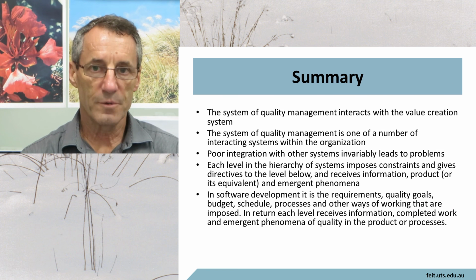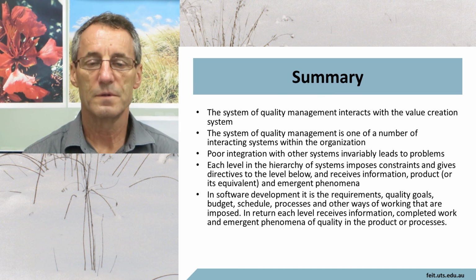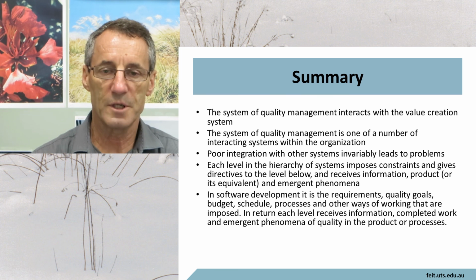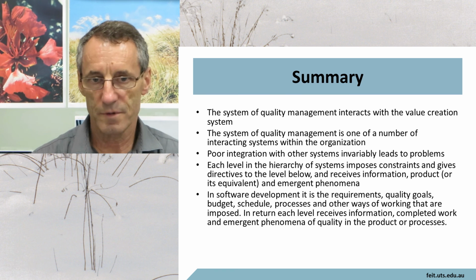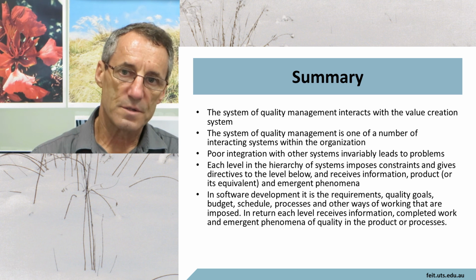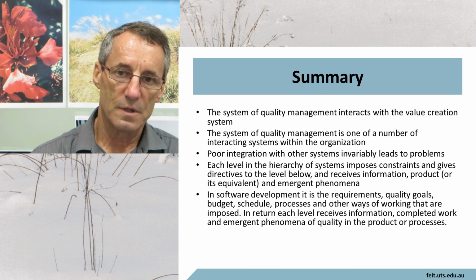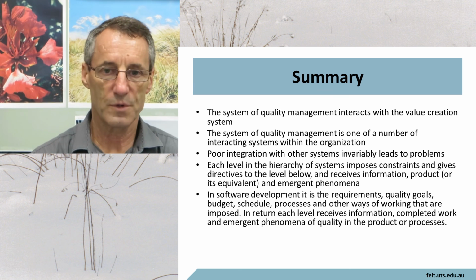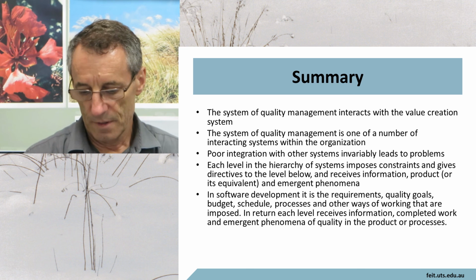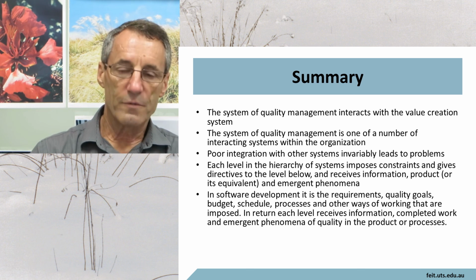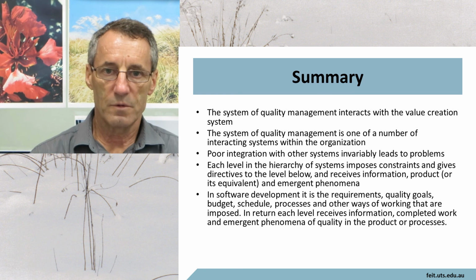So in summary, for this brief look at quality management as a system in three layers, there is a system of quality management that fits in quite well with the value creation system in an organization. The system of quality management is one of a number of interacting systems within the organization.